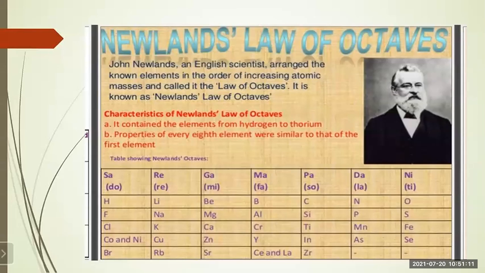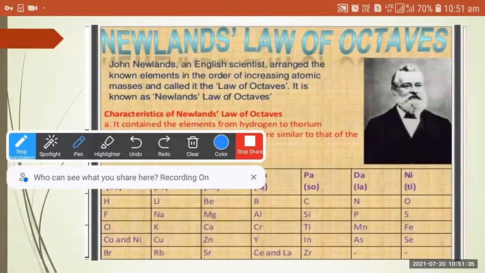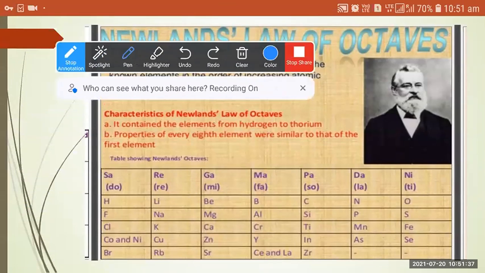Similarly, here he has arranged the elements in the same way, where the first element and the eighth element show similar properties. For example, you can observe the notes here: sa, re, ga, ma, pa, dha, ni, and again this sa is repeated.